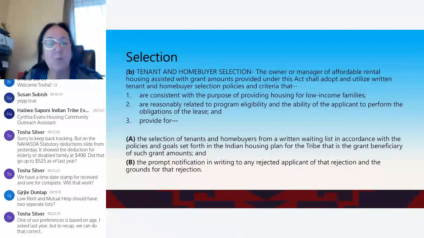The prompt notification in writing to any rejected applicant of that rejection and the grounds for that rejection.